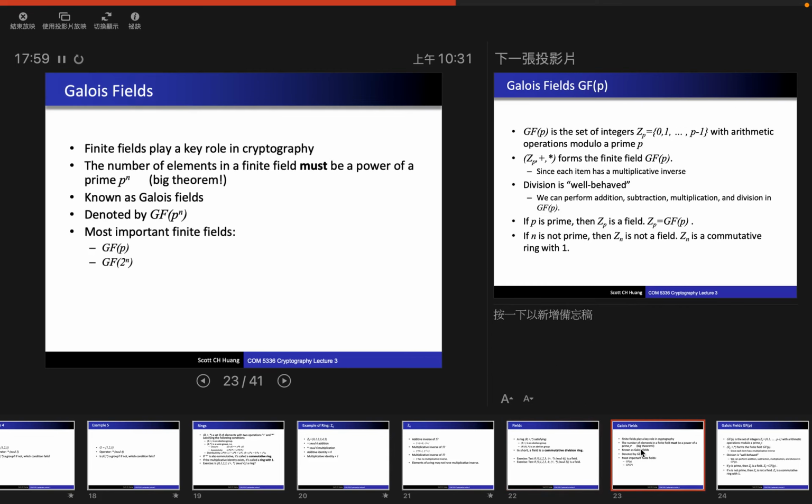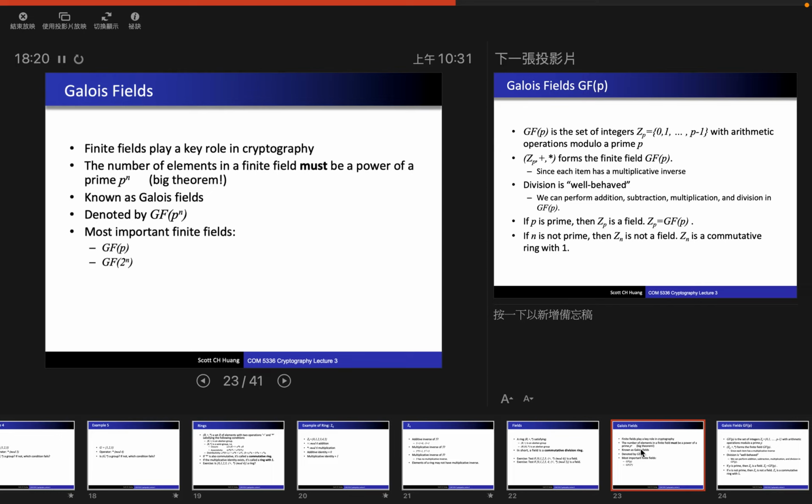That's GFP. So GF2, GF3, GF5, GF7, those are GFP. We have a special name for that: they are called prime fields because p is prime.